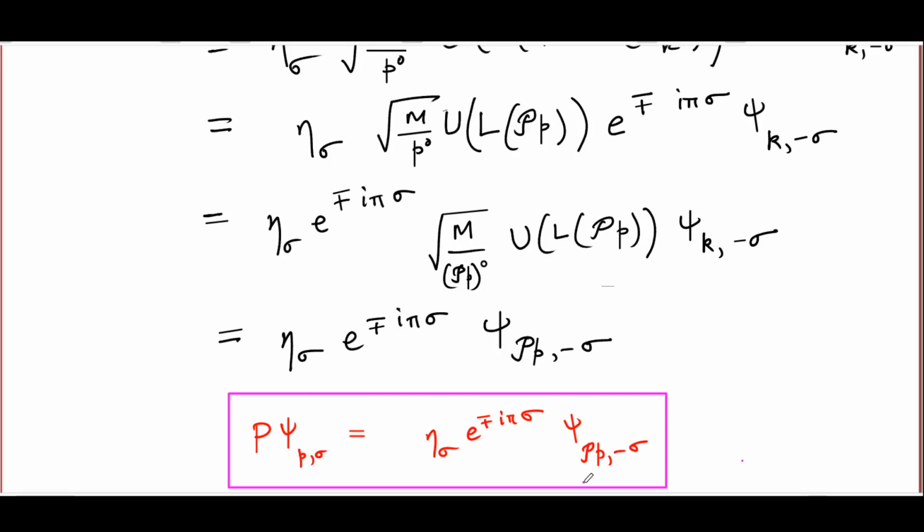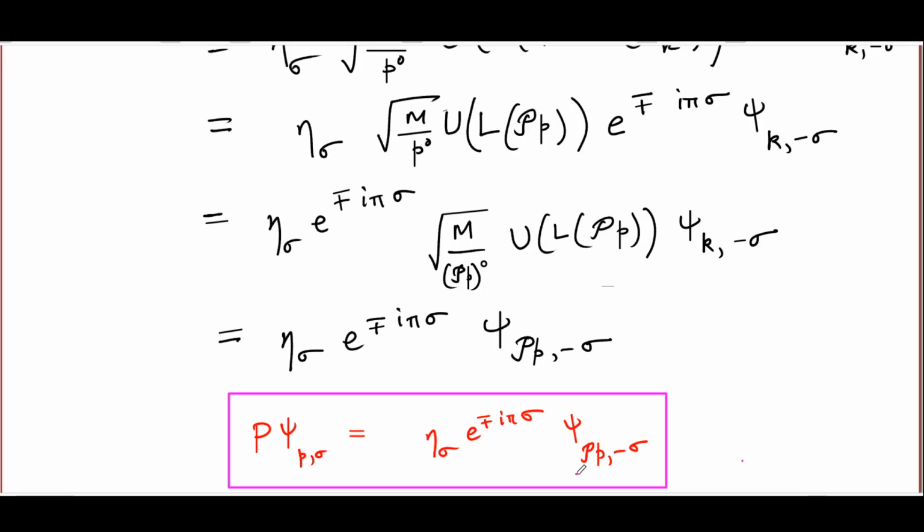Now one thing might worry you a bit here, and that is the presence of this extra phase factor e to the minus plus i pi sigma. There is nothing wrong with having an extra phase factor, except that the sign of the phase here depends critically on the sign of p y. If p y is positive, you end up with e to the minus i pi sigma.